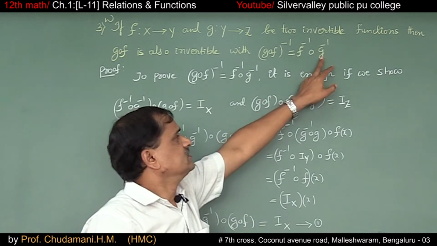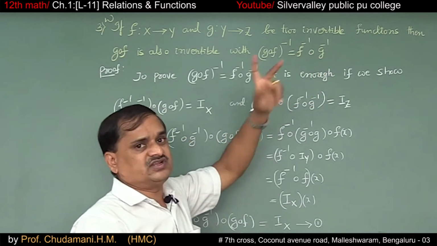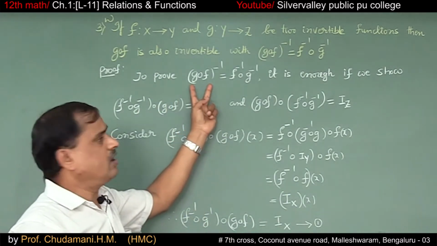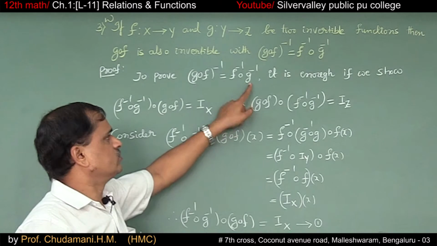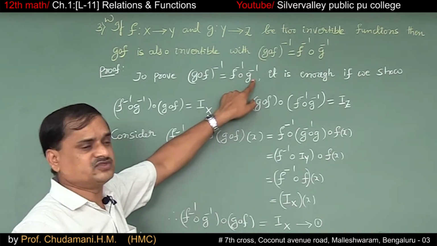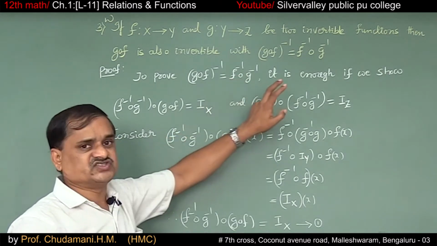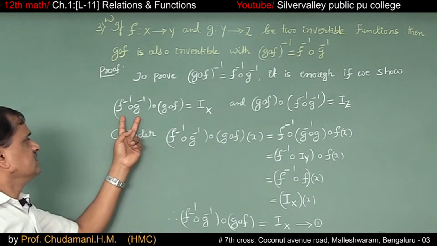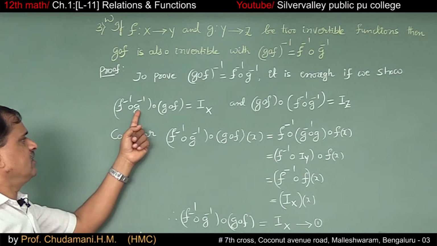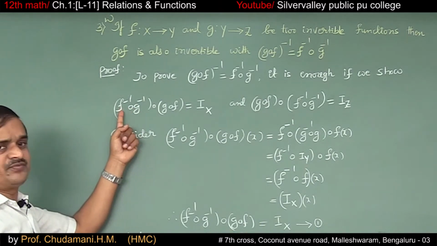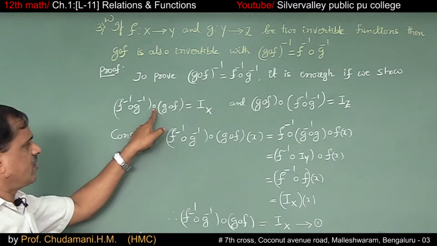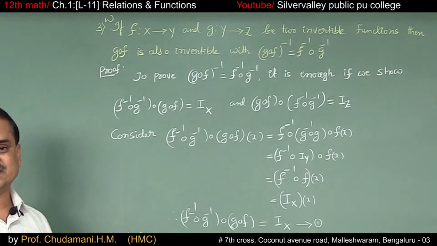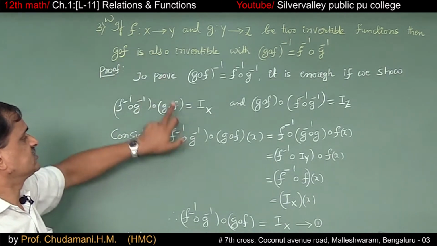That means g inverse composition f inverse. So to prove (g∘f) whole inverse is equal to the composition of g inverse and f inverse, it is enough if we show that the composition of g inverse and f inverse with the composition g∘f is an identity function on the set X.